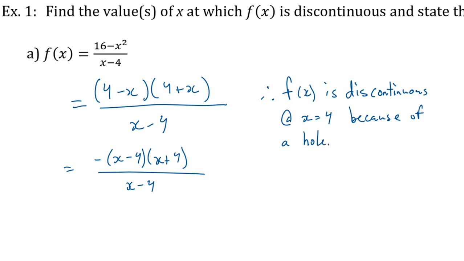If you factored it and there was no hole, then you'd have a vertical asymptote and you'd be done. You would just say vertical asymptote instead. Okay, make sure you state why. Good?